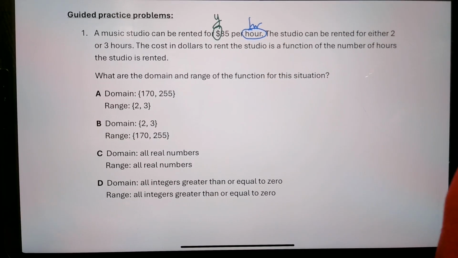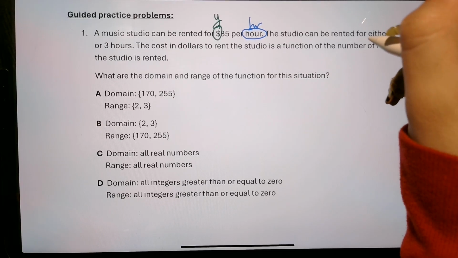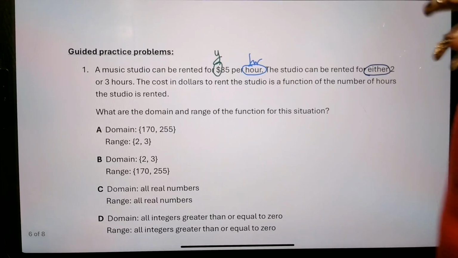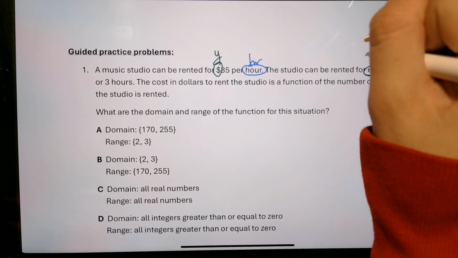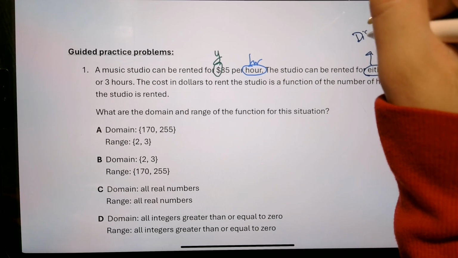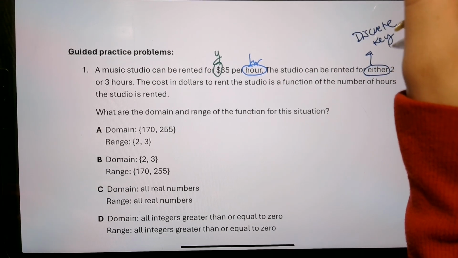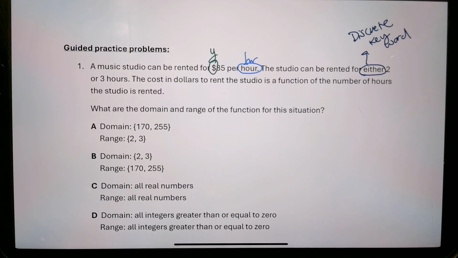And then it says the studio can be rented for either. That is one of our keywords to know that it's discrete data. So I'll put discrete. I'm going to put discrete keyword, but you can just put discrete. So either 2 or 3 hours.